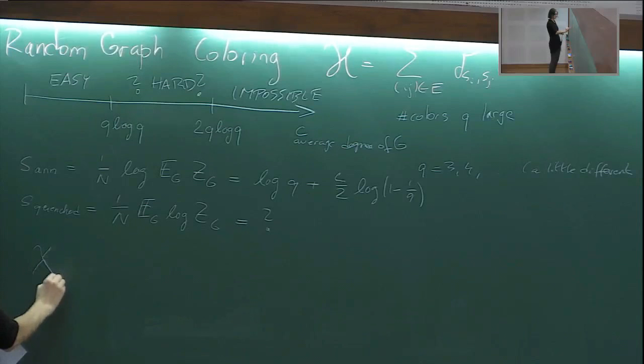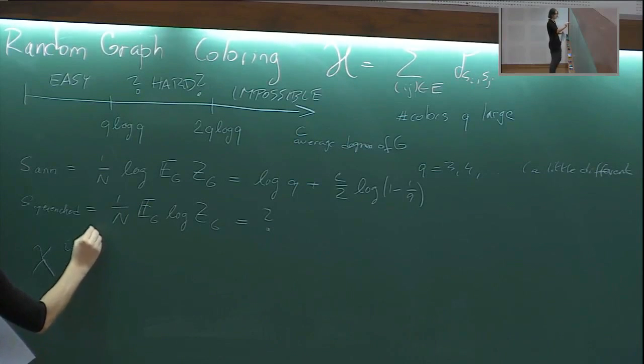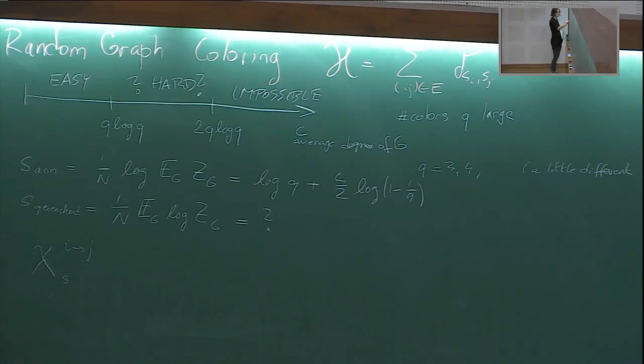So we had this message xi indexed by a color S, going from node I to node J. So I always draw this kind of picture to somehow help understanding what this message passing means.